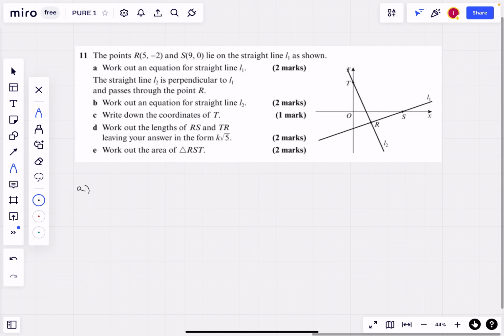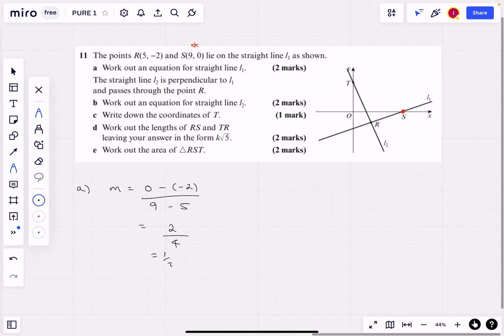Your x2 and y2 is going to be S, because if you notice, S is higher up in the graph compared to R. So your gradient is y2 minus y1 over x2 minus x1. So 0 minus minus 2 is 2. 9 minus 5 is 4, so a half.